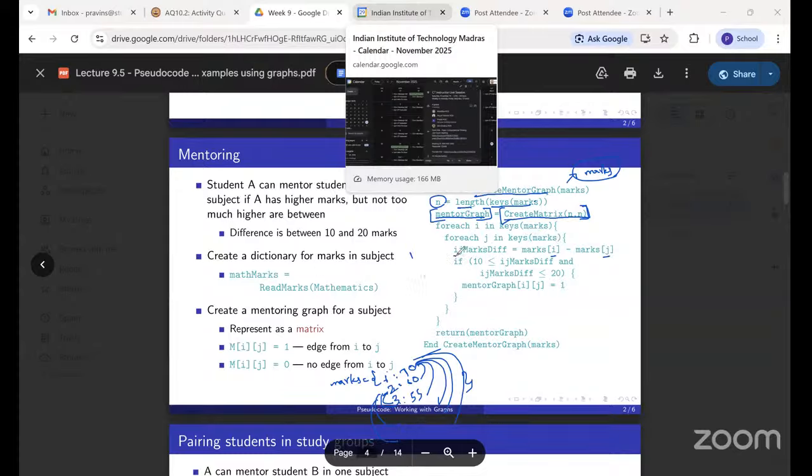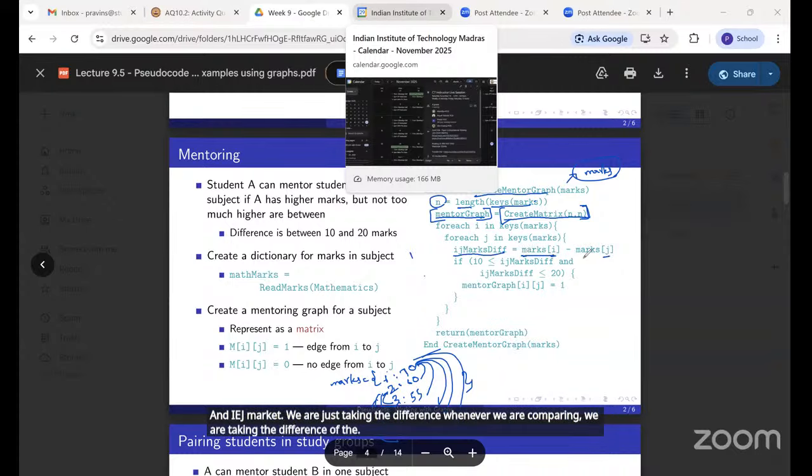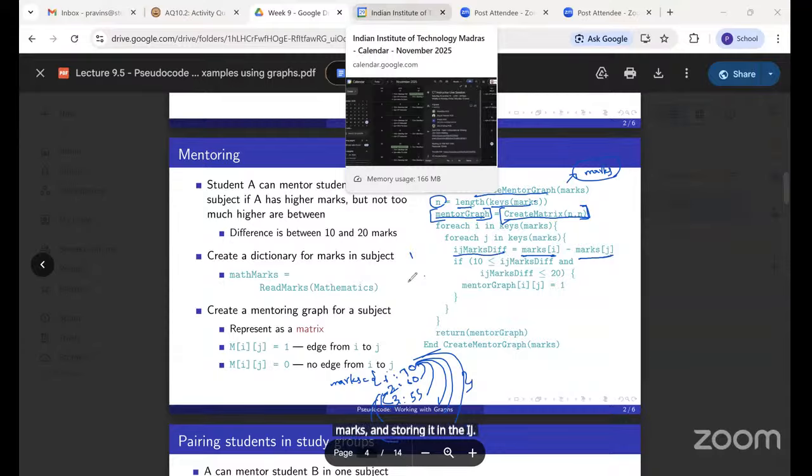And in ij mark distance, whenever we are comparing, we are taking the difference of those marks and storing it in ij. If the difference is between 10 to 20, we are saying the mentor graph of ij could be 1.